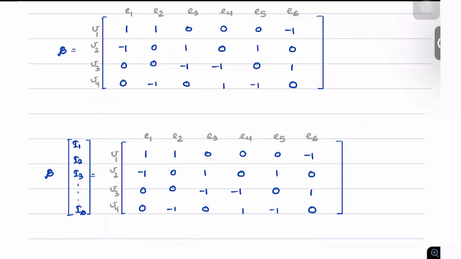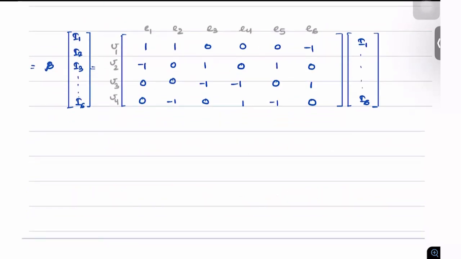This is a 6 cross 1 vector because there are 6 branches and 6 different values of currents flowing through them. What is this equal to? If we evaluate it, this is equal to the following. The first entry here is I1 plus I2 minus I6. And the second entry is minus I1 plus I3 plus I5.